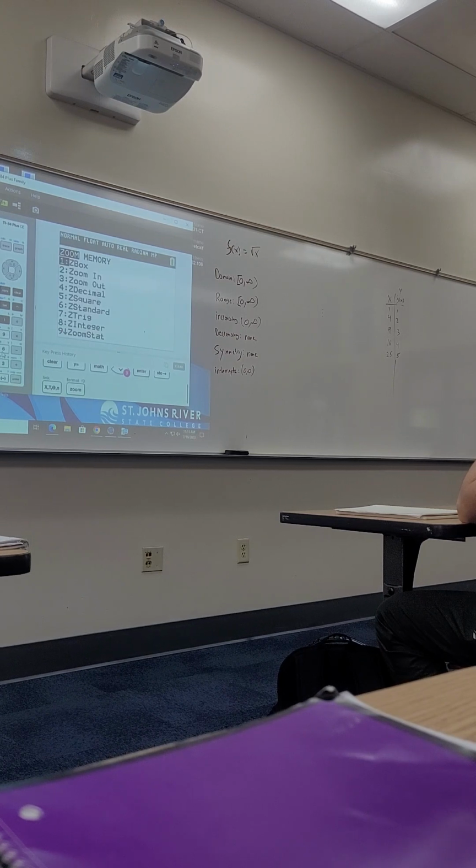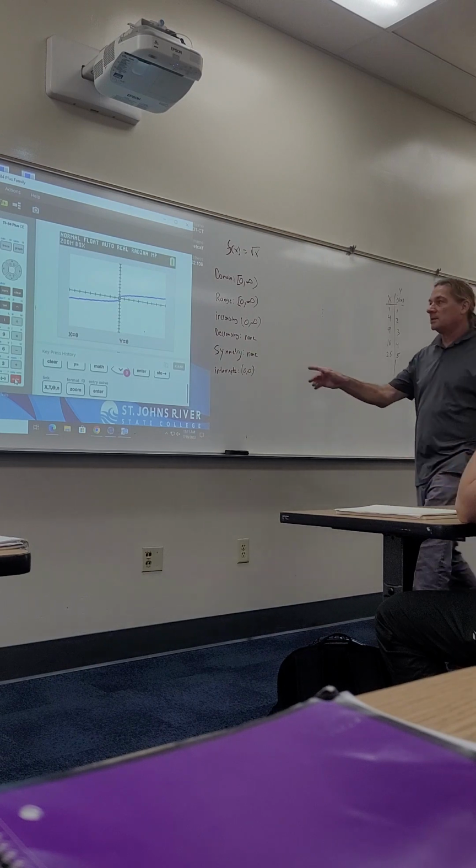It's the default window, because I have no idea what we did yesterday with this window. I think we screwed with it a little bit, tried to get further out on one window. The first time you graph on the calculator, if you always hit the default, you go straight to the default window, minus 10 to 10, minus 10 to 10.